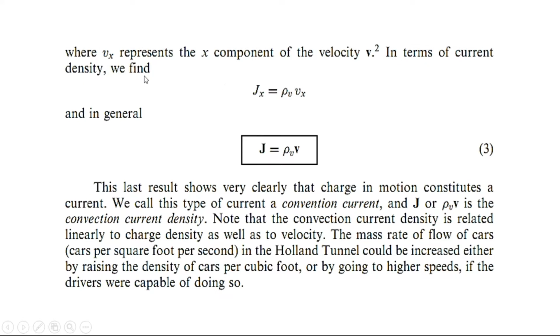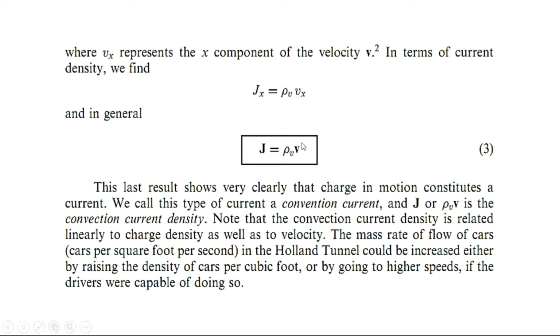In terms of the current density, we find Jx is equal to rho v Vx, the current density along the x direction, because the current density is a vector quantity. In general, the current density can be written as the volume charge density times the velocity of the motion of charges.